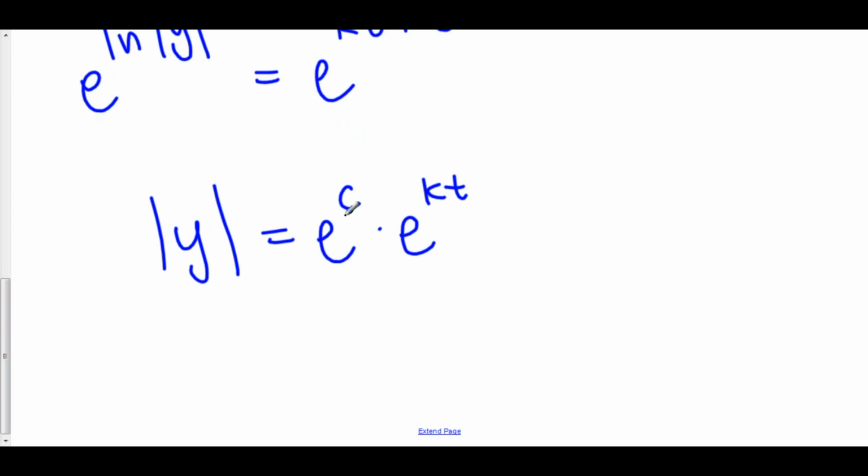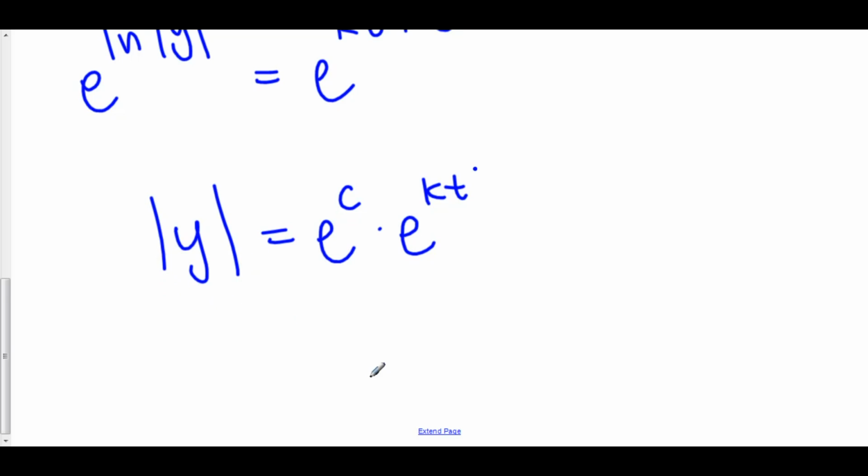Now, e to the c is always going to be positive for any c. And e to the kt is also going to be positive for any k and any t. So the absolute value of y, from our right-hand side, is always going to be positive, and so we don't really need this absolute value.